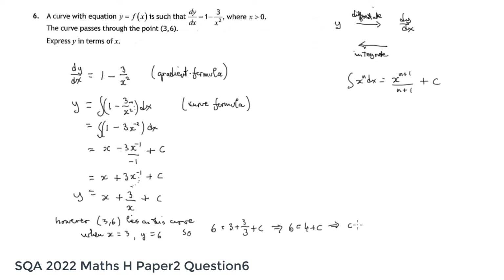We've discovered that c does indeed equal 2. So express y in terms of x: y will equal x plus 3 over x plus 2. It's that one particular curve that happened to pass through the point 3, 6, as we saw on the demonstration.